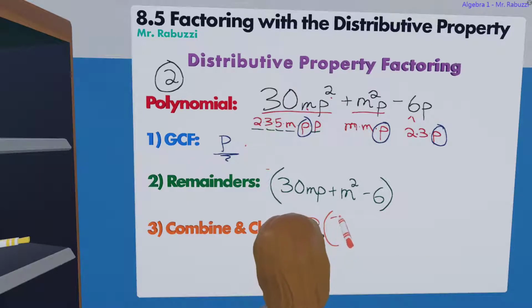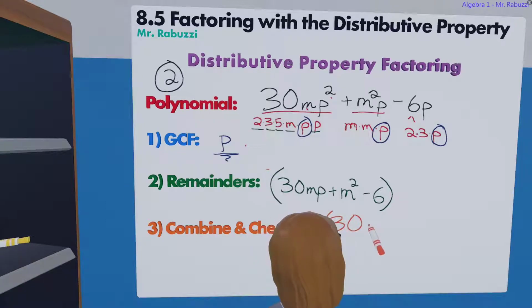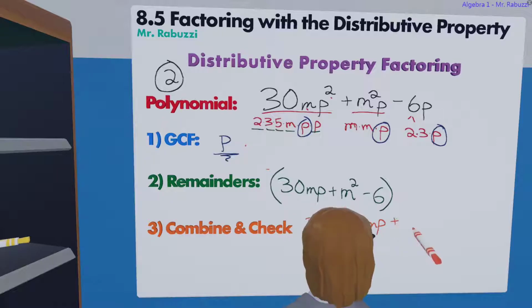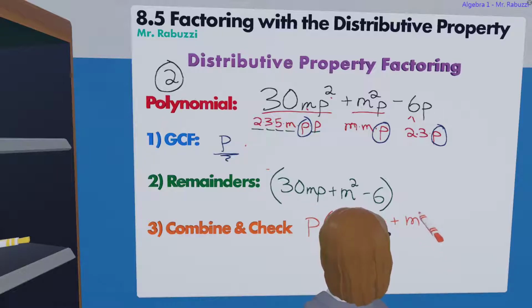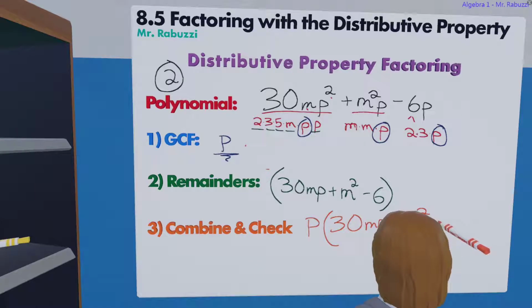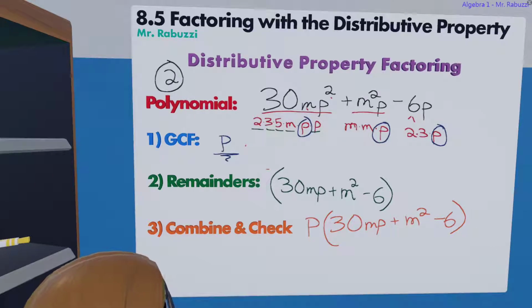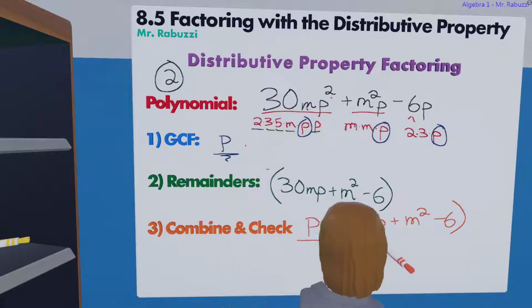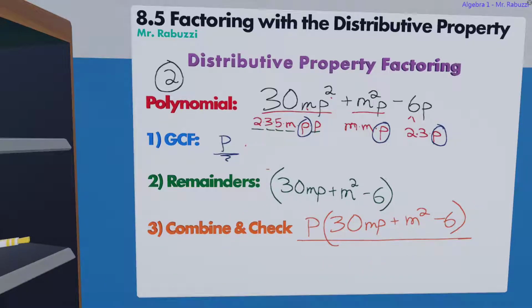All right, P times the quantity of 30MP plus M squared minus 6. Done. So that is our answer.